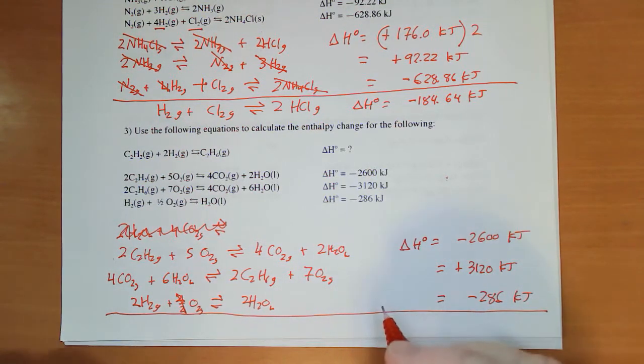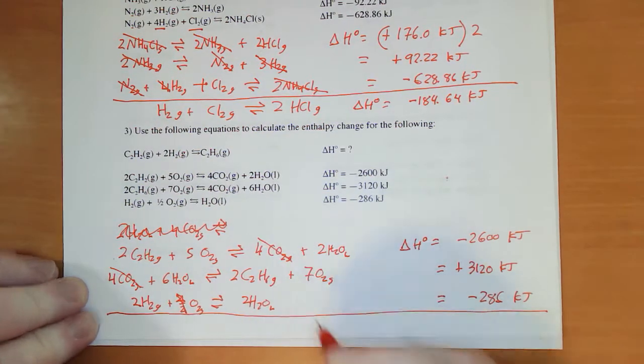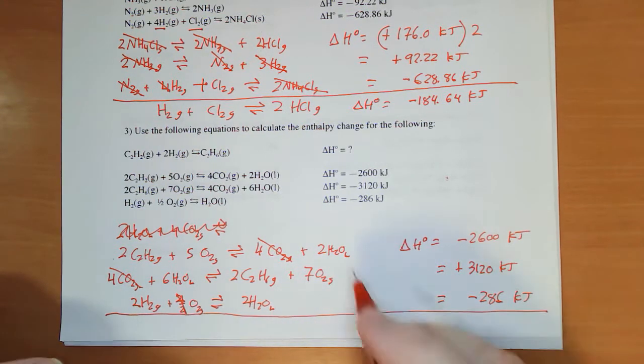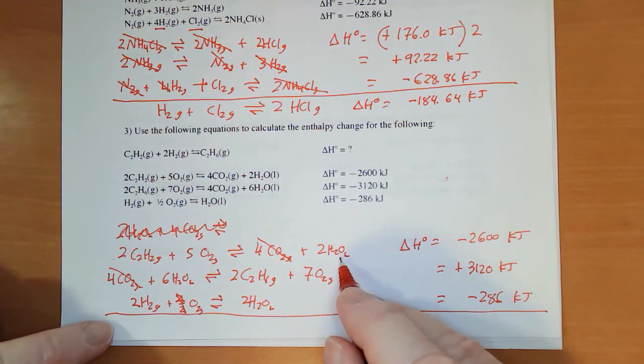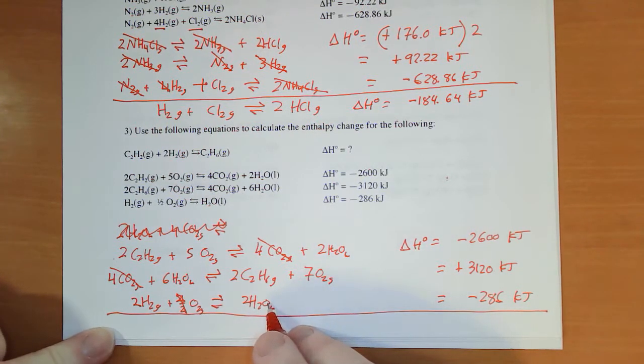So I see some things that are going to cancel. All right? I've got 4 CO2 gas and 4 CO2 gas that cancel. Now, waters. Here I've got 2. Here I've got 2. So 2 and 2 is 4.